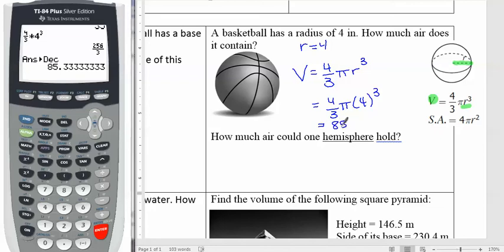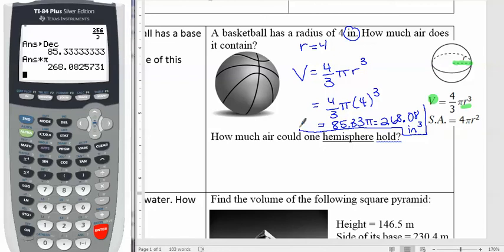So this is equal to 85.33. Don't forget, I did not put in my pi, so I got to add it here. Now, since this is 85.33 and it's already a decimal, I'm going to go ahead and throw my pi in. So I'm going to multiply my last answer by pi, and I'm going to get 268.08. And what are my units on this? Inches cubed. And that's my volume.